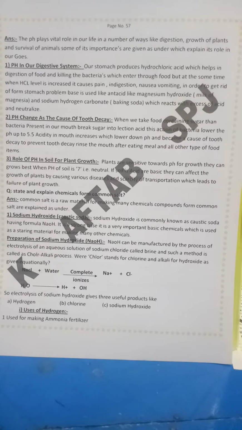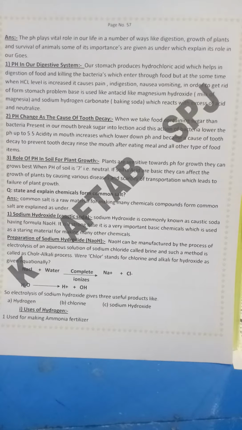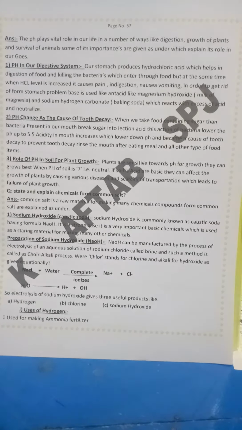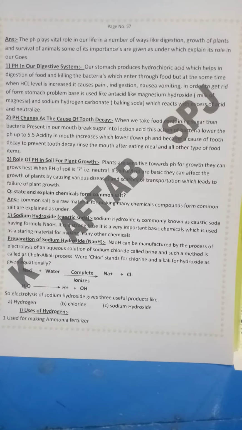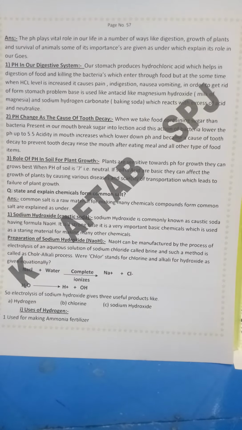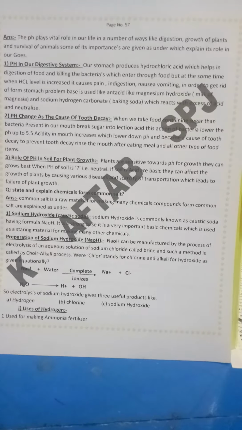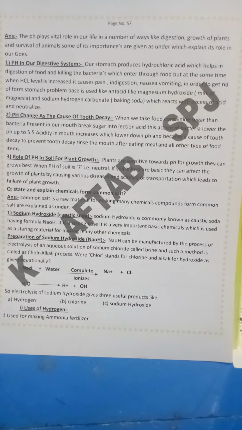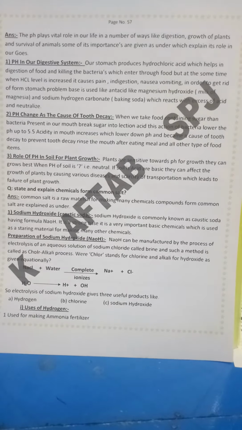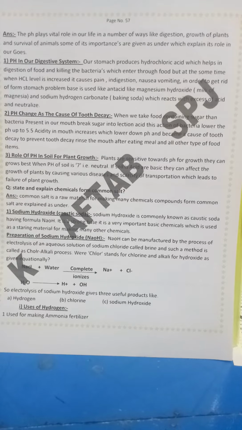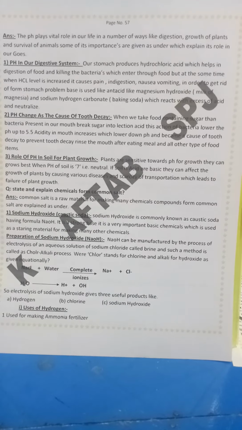And the next point, pH as the cause of tooth decay. Tooth decay means a problem in teeth, and it can affect the roots or pulp of the teeth. When we eat food or sweets and do not properly rinse our mouth, the pH of the mouth drops to 5.5, which is acidic in nature and causes tooth decay.